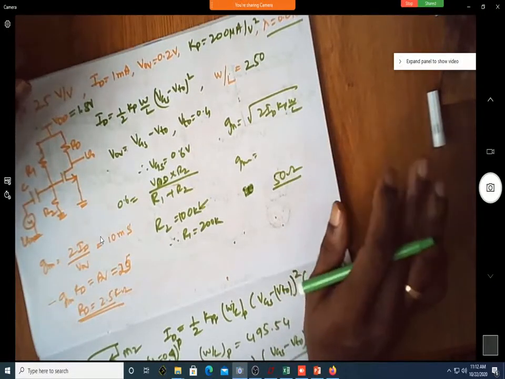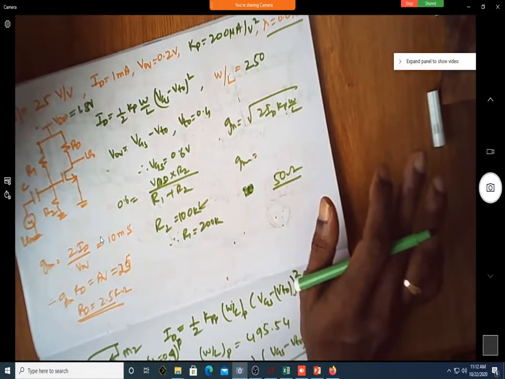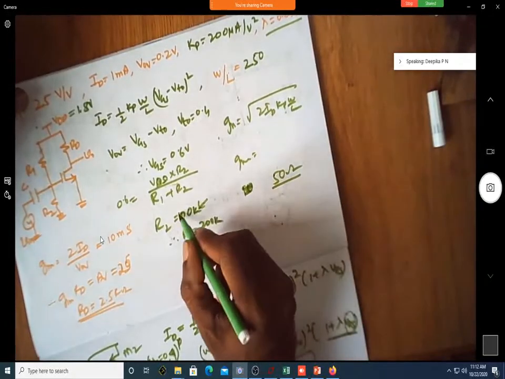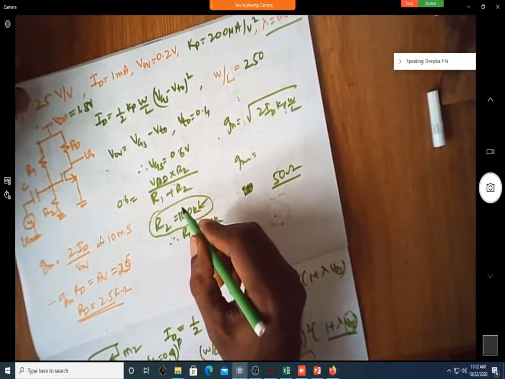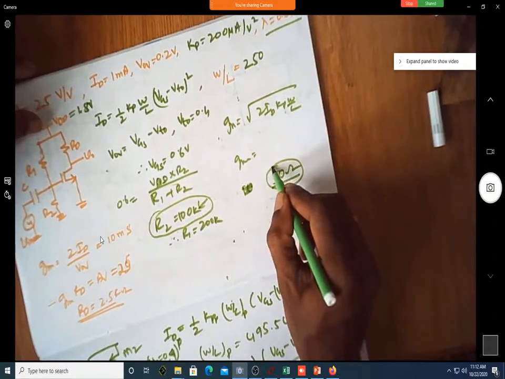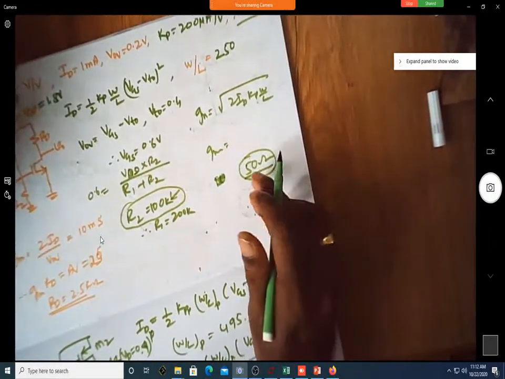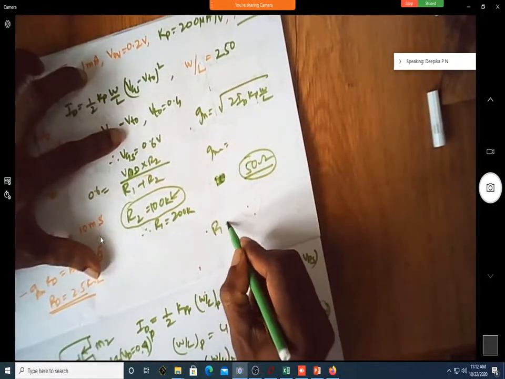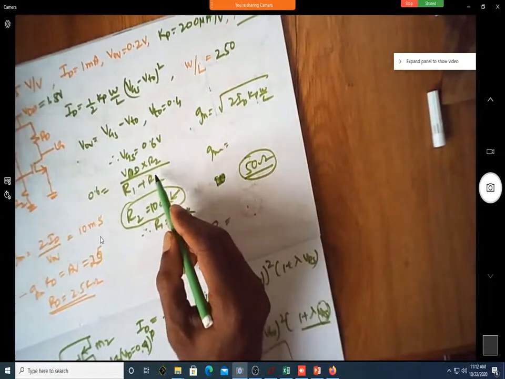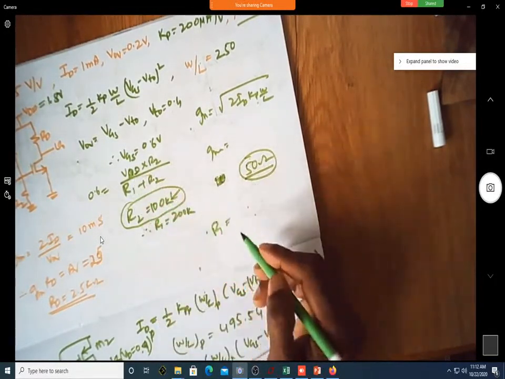Let us see what are the consequences we'll get. You asked me why it is 100k. Let me assume it as 50 ohm and then proceed. If it is 50 ohm, can somebody say what R1 is equal to? If this R2 is 50 ohm instead of 100k, give me what is R1.